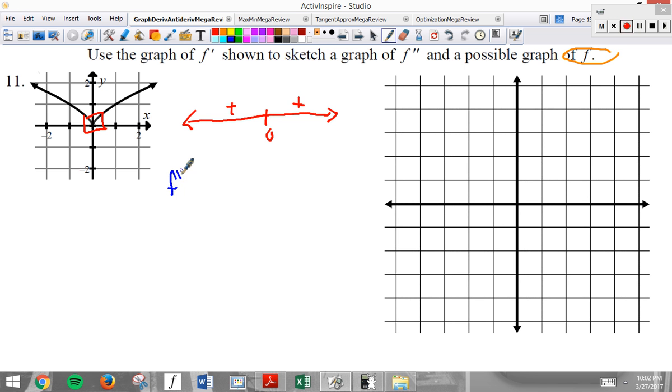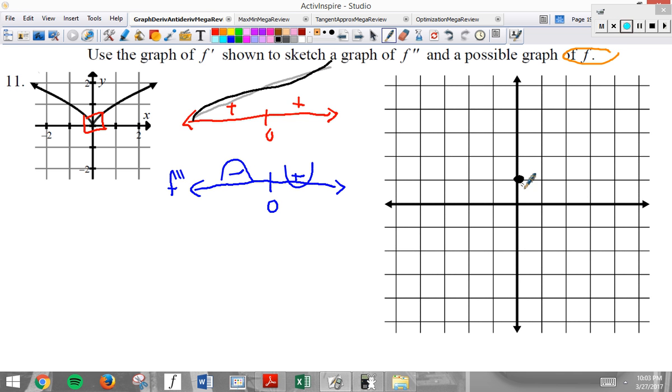F double prime. The slope of F prime is negative. The slope of F prime is positive. So 0 was a point of inflection. But it always was increasing, guys. Increasing concave down, increasing concave up, like that.